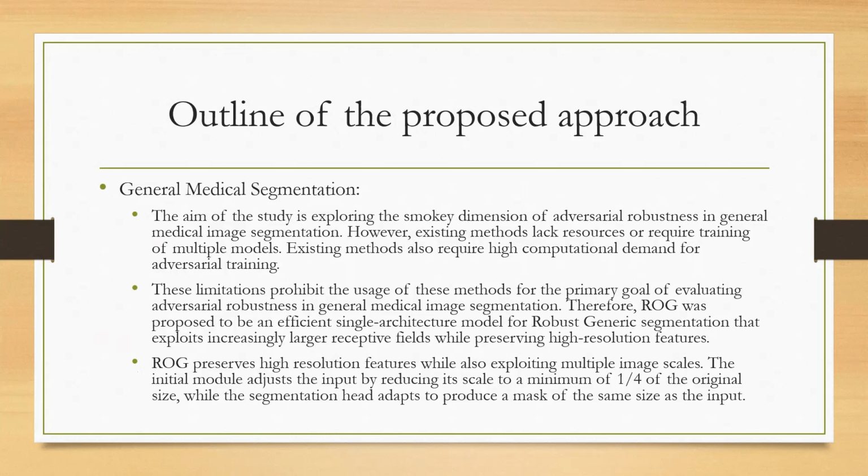Existing methods in this area actually kind of lack resources and domain training of multiple models, which can be computationally expensive and lead to high computational demand for this adversarial training area. So therefore, the strategy of exploiting these growing receptive fields while maintaining high resolution features that ROG utilizes is pretty important and effective.